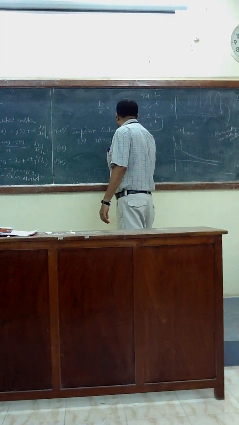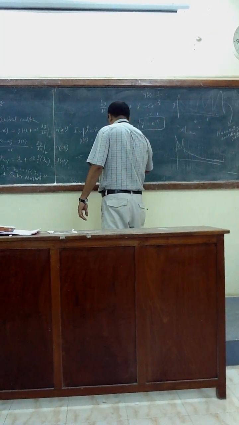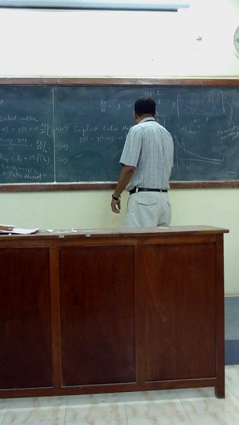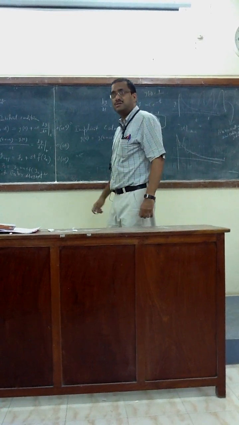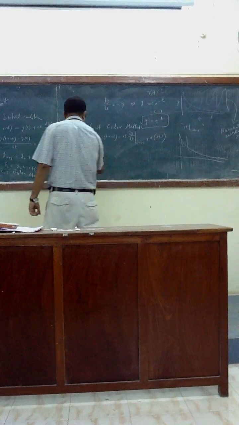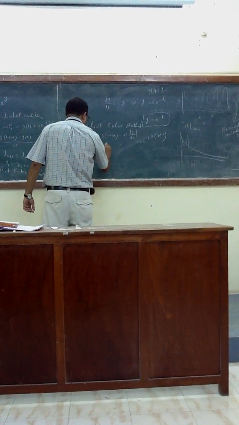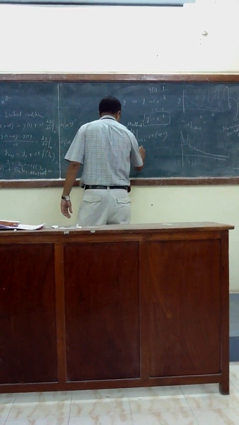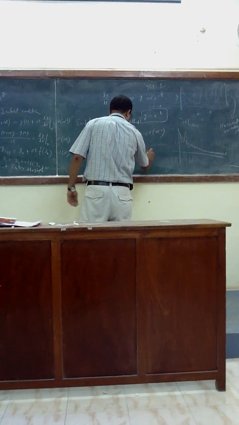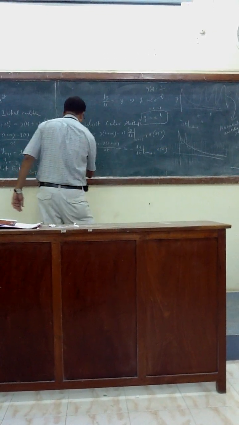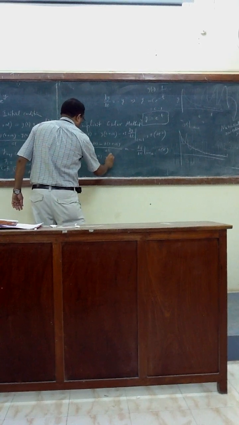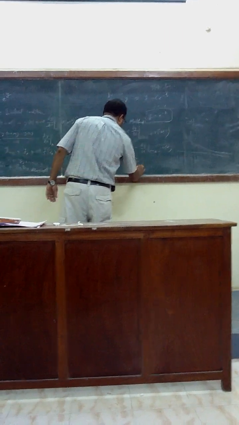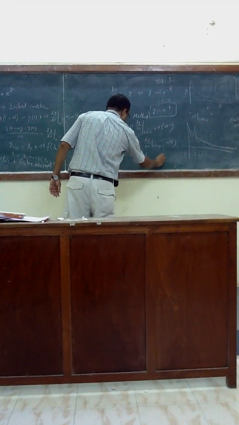Minus delta t dy/dt at t plus delta t, order of delta t error. What did you get finally? (y(t) minus y(t plus delta t)) by delta t equals to minus dy/dt at t plus delta t, order delta t. One more step. (y(t plus delta t) minus y(t)) by delta t equals to dy/dt at t plus delta t. Am I correct so far?